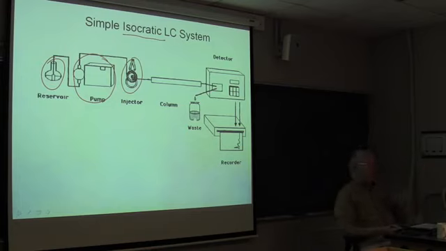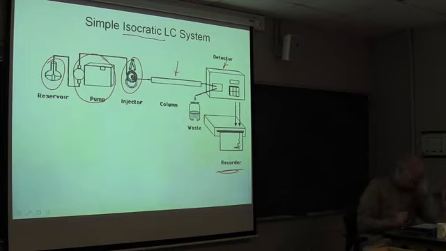There's invariably a valve. We've got our column, we have a detector. You can tell how old this slide is because I'm betting any number of you have never seen a real recorder. Not a computer emulating a recorder, but a real recorder.